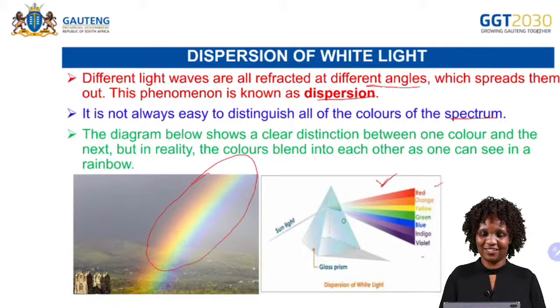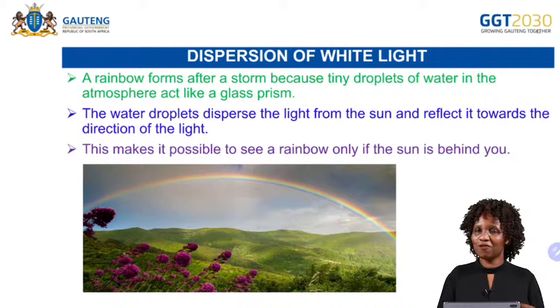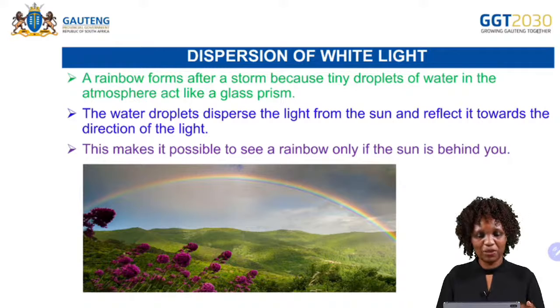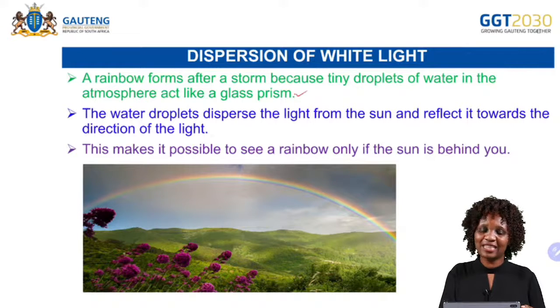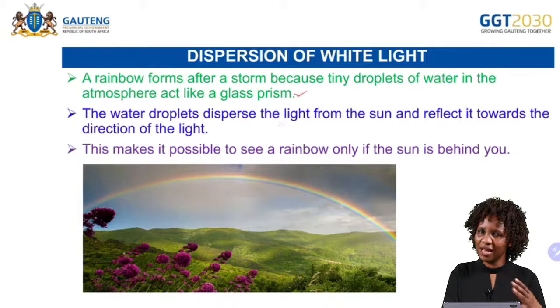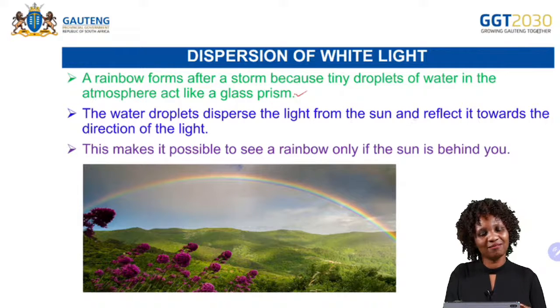Interesting, isn't it? And then a rainbow forms after a storm because tiny droplets of water in the atmosphere act like a what? Act like a glass prism. And then the water droplets disperse the light from the sun and reflect it back towards the direction of the light.